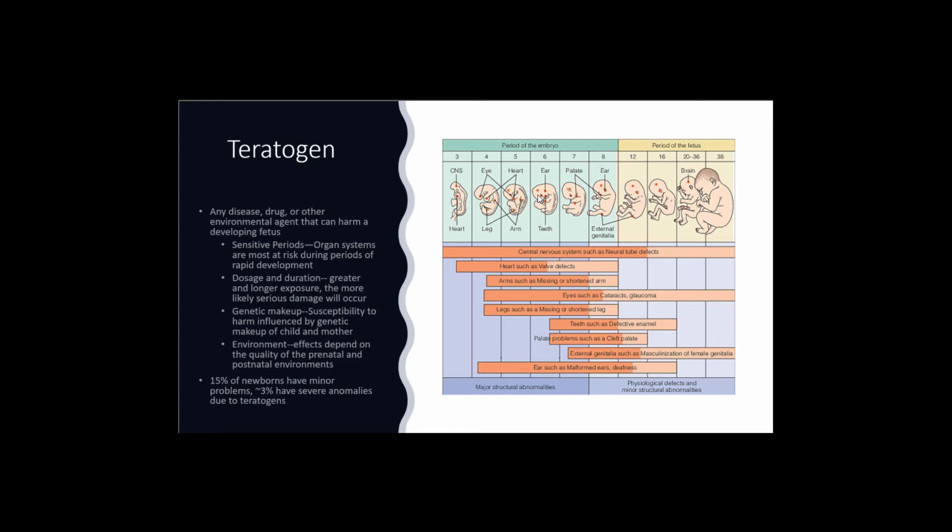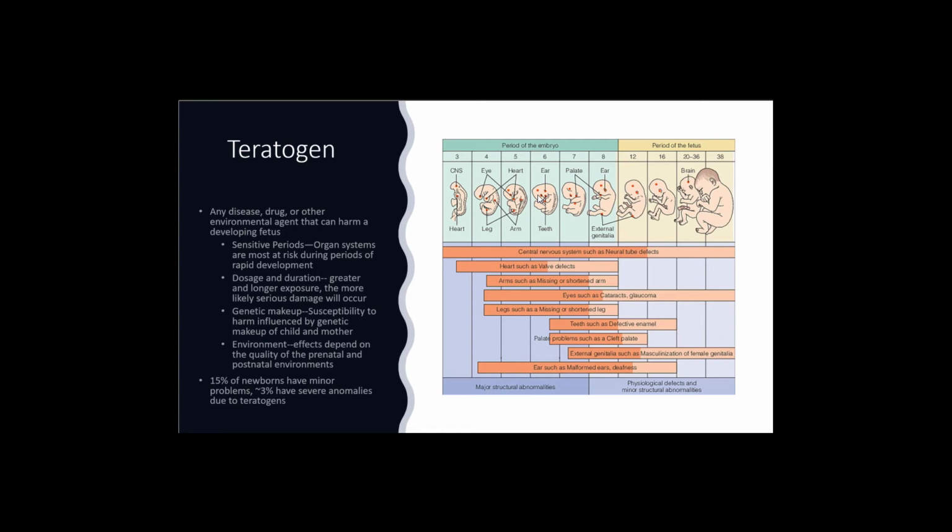If some big environmental stressor happens in that fourth week, the fetus's eyes would be at an increased risk of developmental abnormalities because they're in a sensitive period, when an organ is rapidly developing and that part of the brain is very in tune to the environment around it.